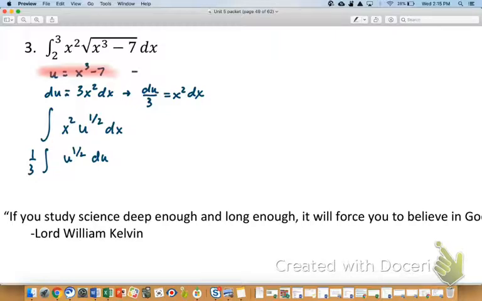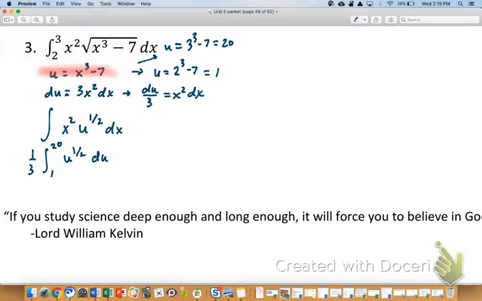So if the low limit used to be a 2, I would think u equals 2 cubed minus 7, which is 8 minus 7, which is 1. Or I can write u equals 3 cubed minus 7, which is 27 minus 7. My new high limit is 20.